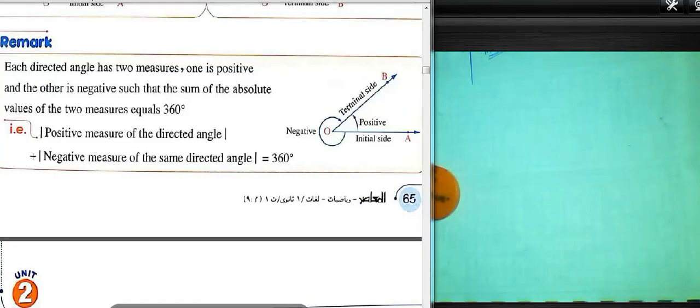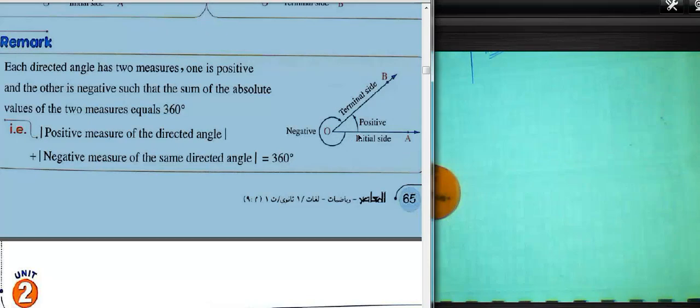Look at this angle. This ray coming from OA to OB, so OA will be the initial side, and OB the terminal side.